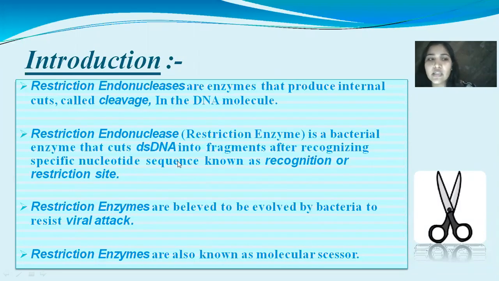So restriction enzymes are believed to have evolved in bacteria to resist viral attack. Bacteria produce restriction enzymes to kill viruses that can infect them.